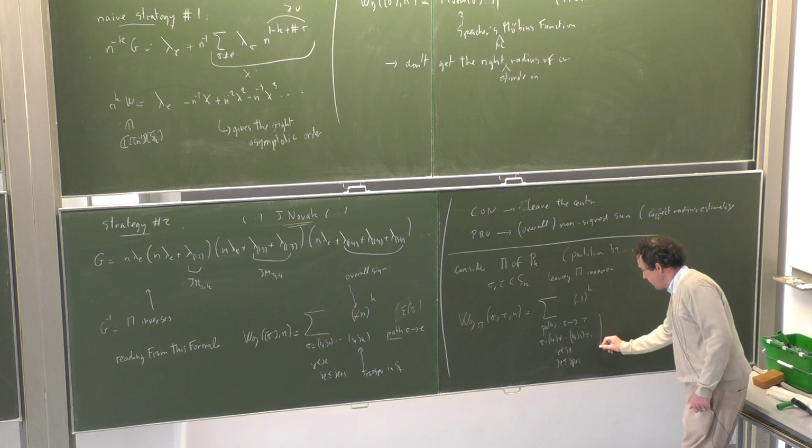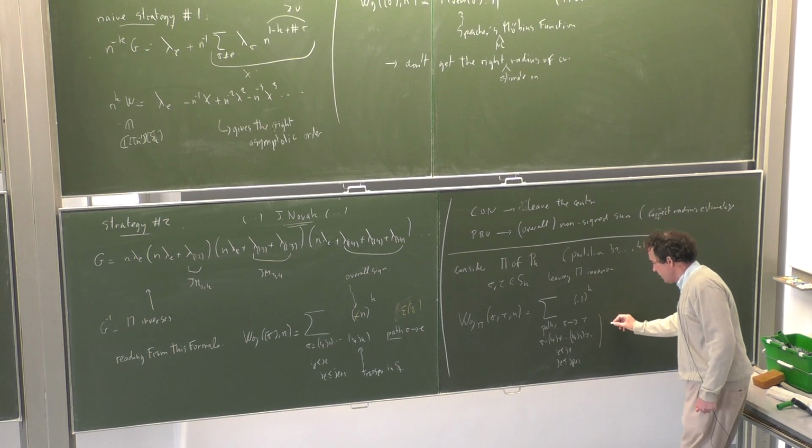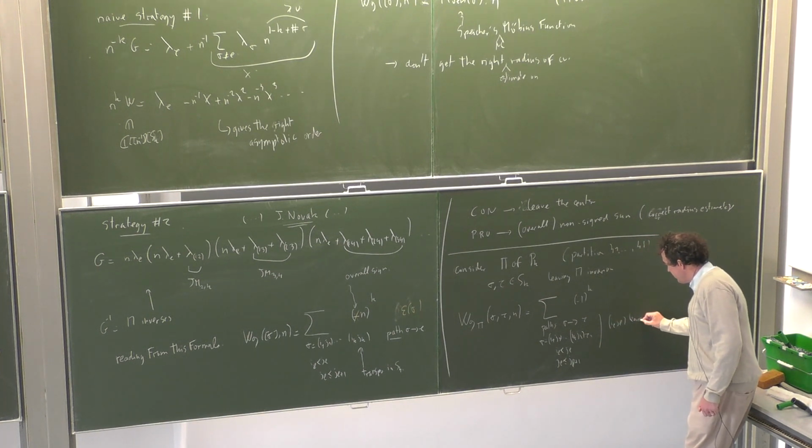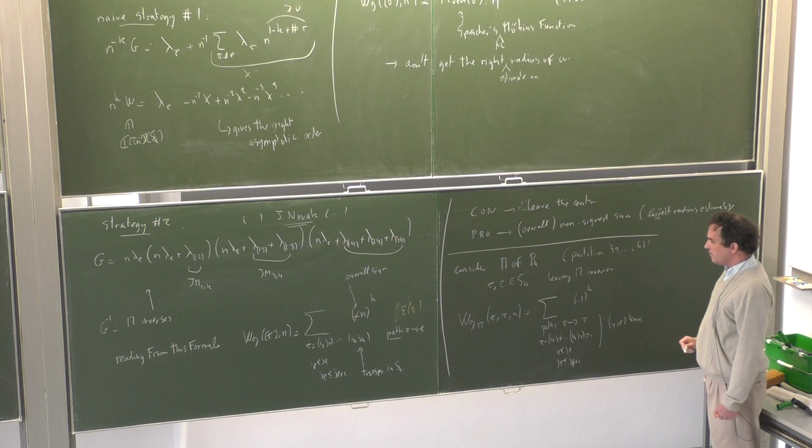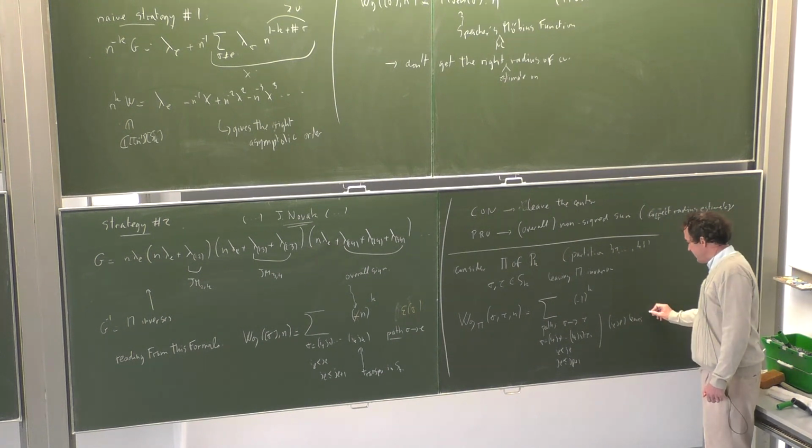But in addition, I'm going to assume that each (IL, JL) also leaves pi stable.